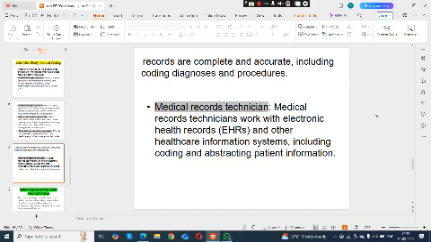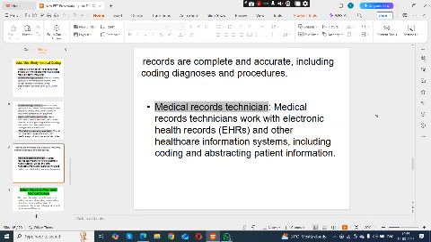After the physician's visit, they check whether the records are completely written, including whether the diagnosis and procedures are well coded.